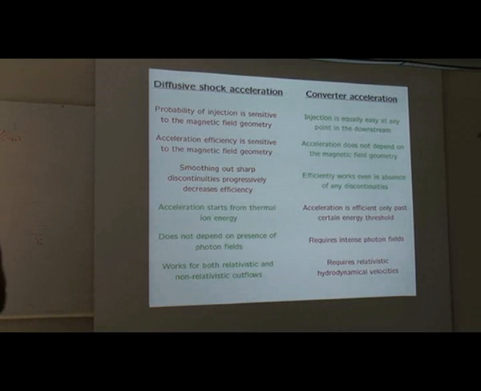And then, if for some reason you do not have shocks or sharp tangential discontinuities in the flow, then it will be very, very difficult to accelerate particles through the diffusive mechanism, because as you smooth out the discontinuity, the acceleration rate decreases very rapidly.